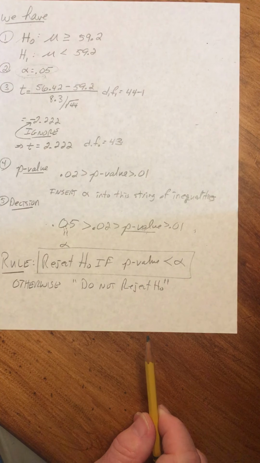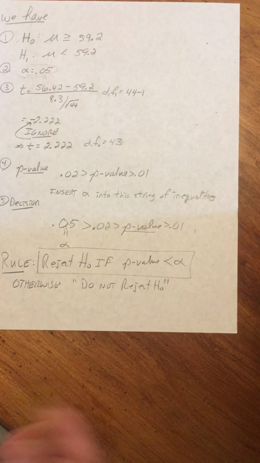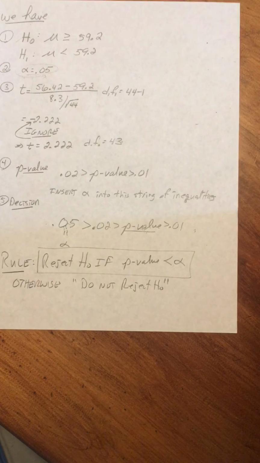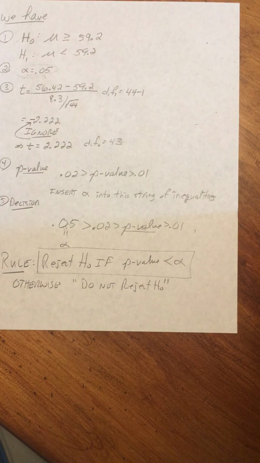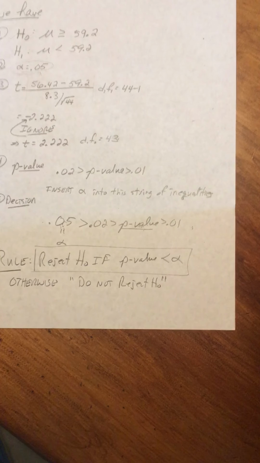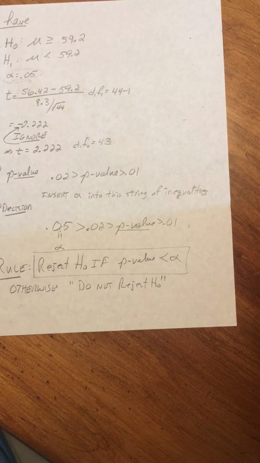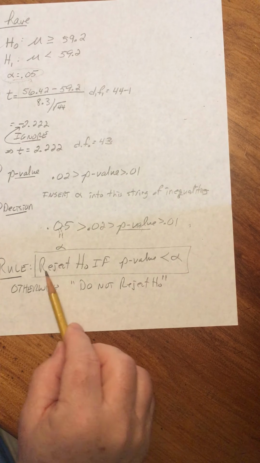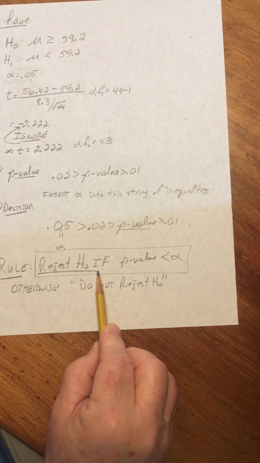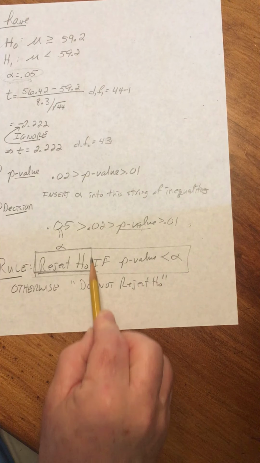Your decision at step 5 is always going to be one of two things. There are only two possibilities. There is not a third. One of the possibilities is reject H0.